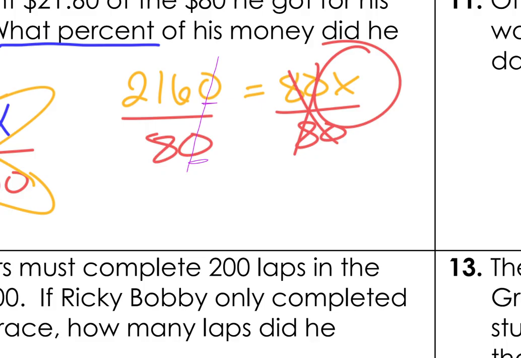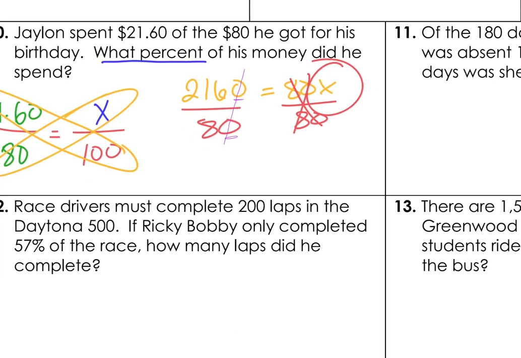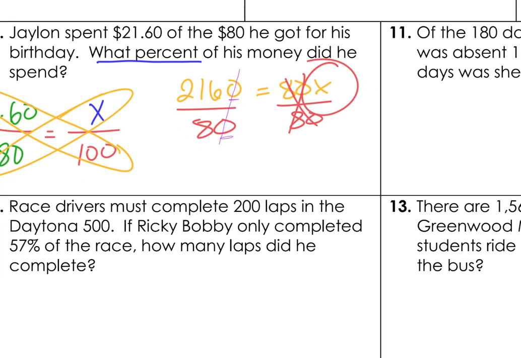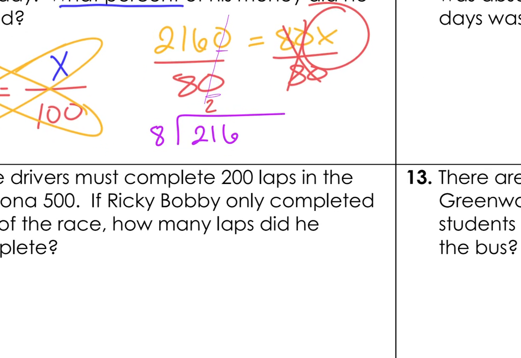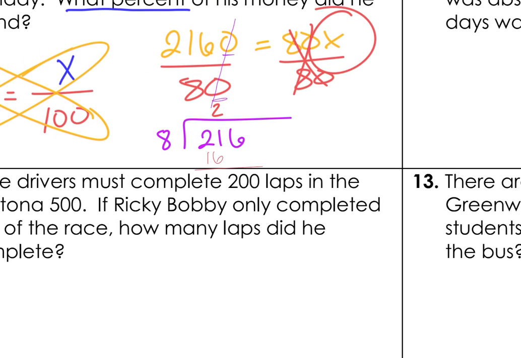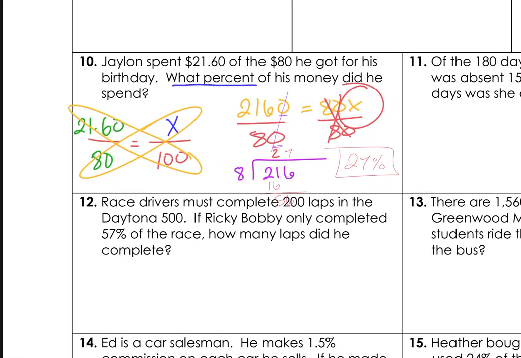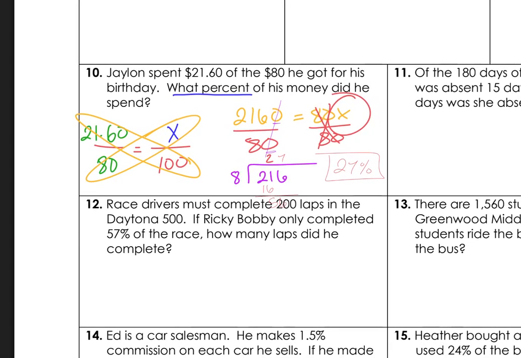And in fact, if I had zeros in the tens places also, I would get rid of them. So it's 8 into 216, right? So 8 goes into 21 twice. That is 16. 5, 6, so this is 27%. He has spent 27% of his gift.